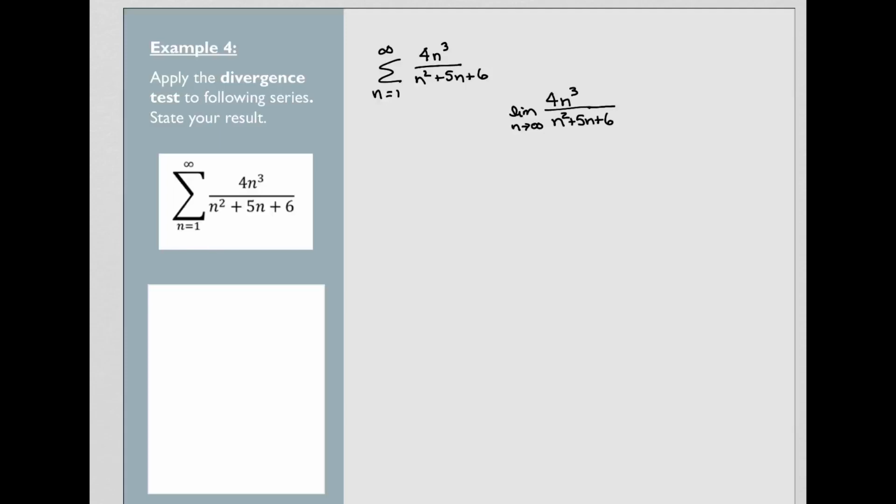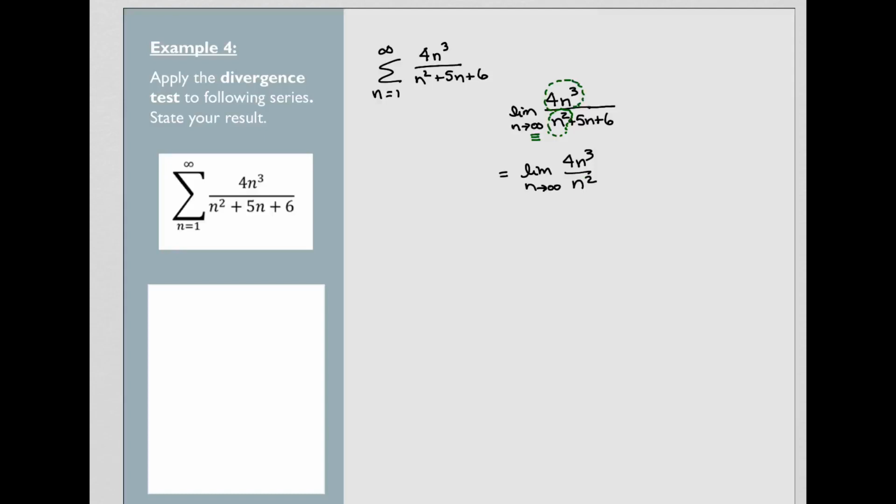If we have a rational expression and we're taking a limit as n goes to infinity, the only two terms that really apply are the highest degree terms. So we look at the highest degree in the numerator and the highest degree in the denominator. And so this limit will be equivalent to the limit as n goes to infinity of 4n cubed over n squared.